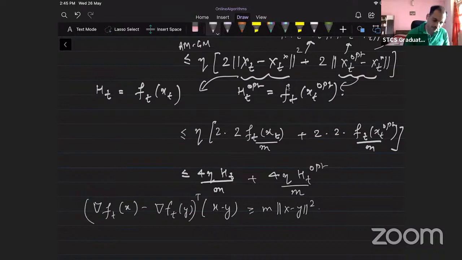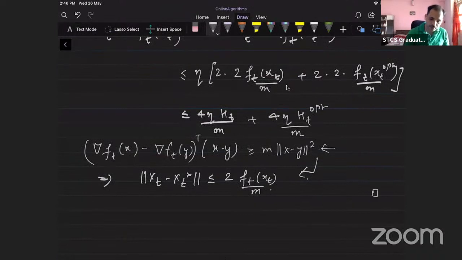So what I'm claiming is that xt minus xt star is less than or equal to 2 times ft of xt. So this follows from this. Okay, so we are essentially done. Kumar, Hari, any questions? So most of the claims you are going to make are very elementary, directly using the definition.